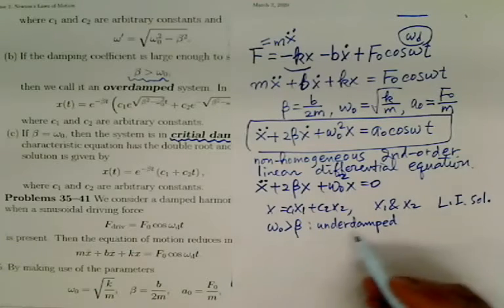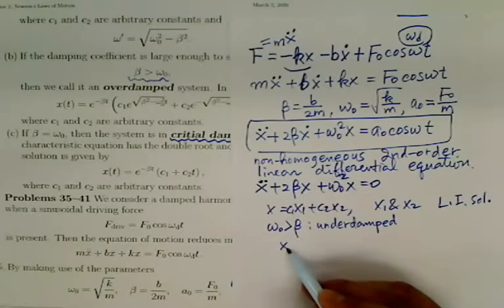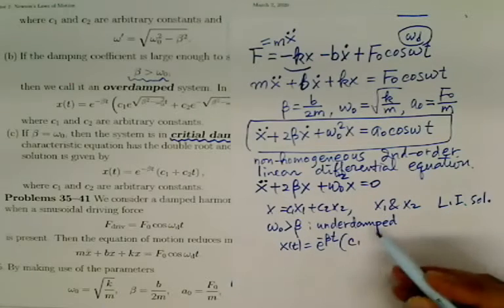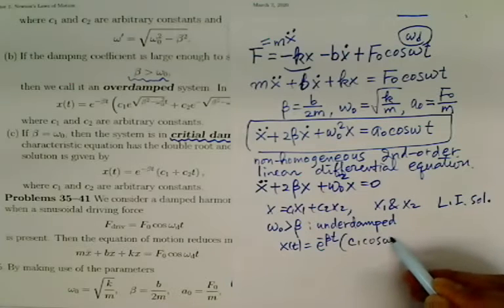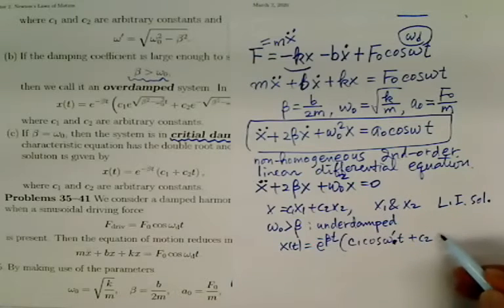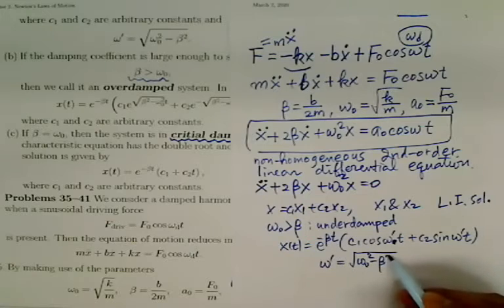In that case, x of t was e to the minus beta t times c1 cosine omega prime t plus c2 sine omega prime t, and omega prime is the square root of omega 0 squared minus beta squared.